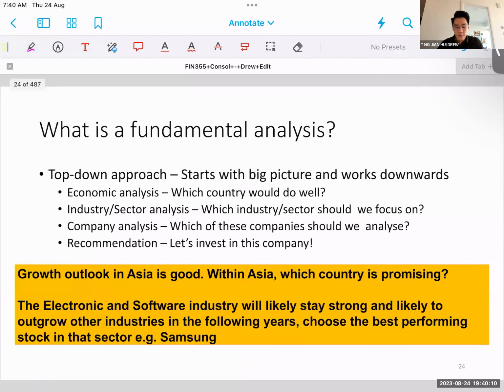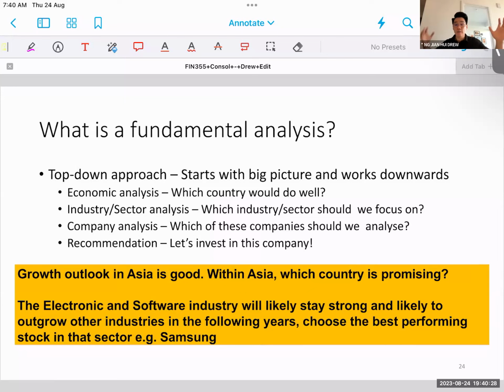In terms of fundamental analysis, we have two types of approaches: top-down and bottom-up. I like to put it that most of the time, it is a bottom-up approach. Let's talk about top-down first.